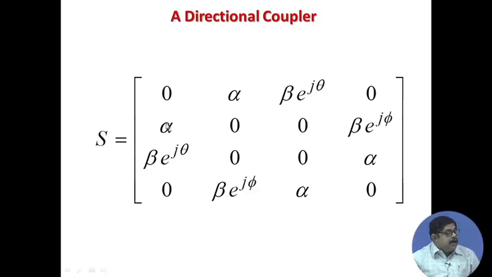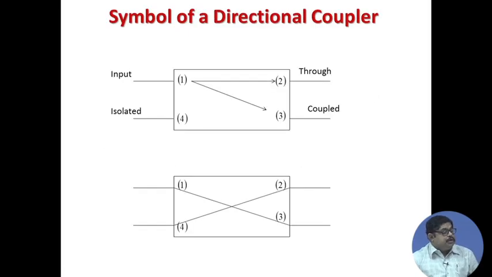So, the nomenclature is generally that we give power at port 1, which is why the fourth port is called the isolated port. The second port is the main line, if you remember from the directional coupler diagram in the network analyzer. This is called the through port, port 2, and the third port is called the coupled port, which is why the name coupler. You see in the symbol also we show that this is the coupled port, this is the through port.